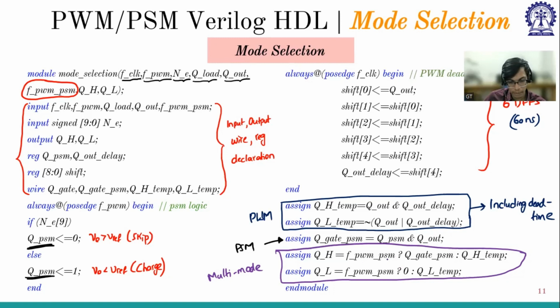If it is 1, then this will be given. If it is 0, then this will be given. Similarly, if it is 1, this is given. If it is 0, this is given. So this is for 1 and this is for 0. Similarly, this is for 1 and this is for 0. So these are the multimode, the two muxes that we had shown earlier.